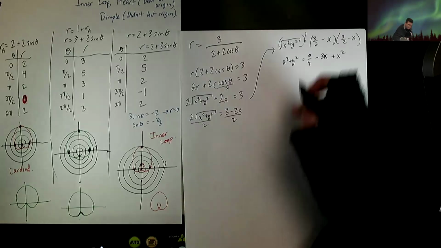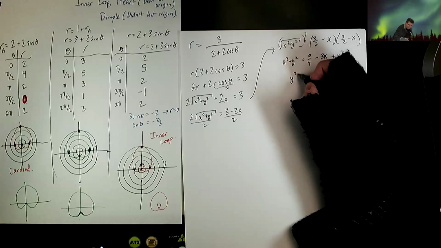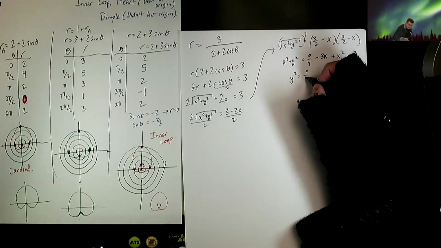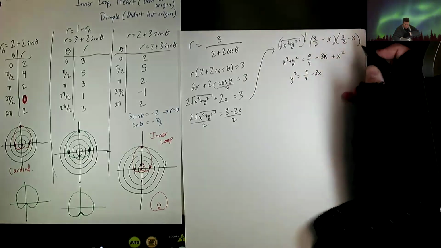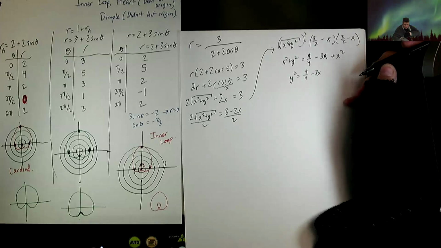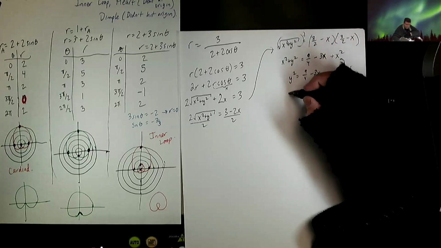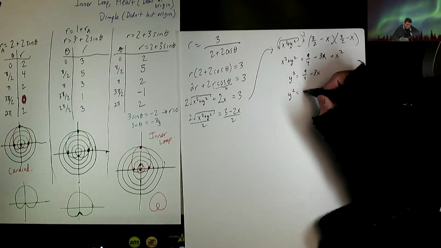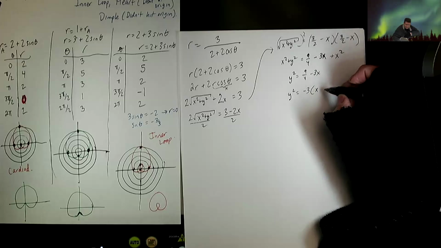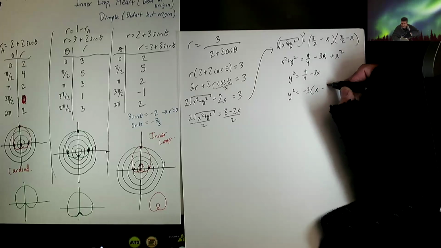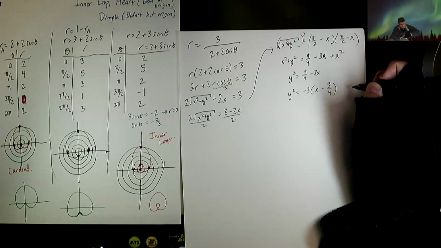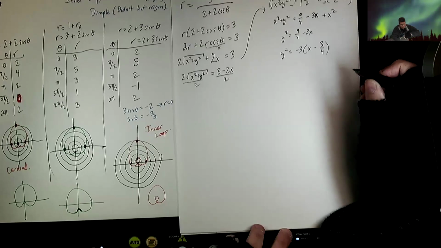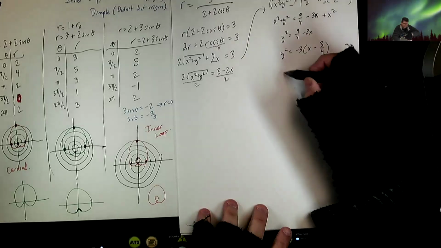I have x squareds on both sides, so I can subtract those out. I get y squared equals 9/4 minus 3x. If I factor out a minus 3, this is x minus 3/4. This is a parabola that opens sideways.